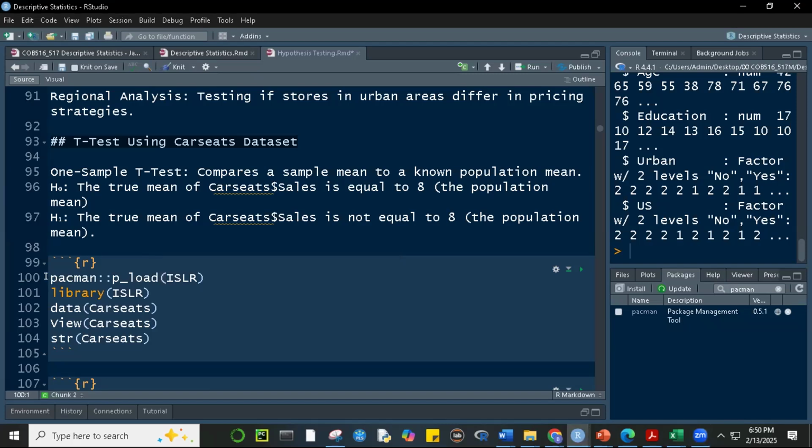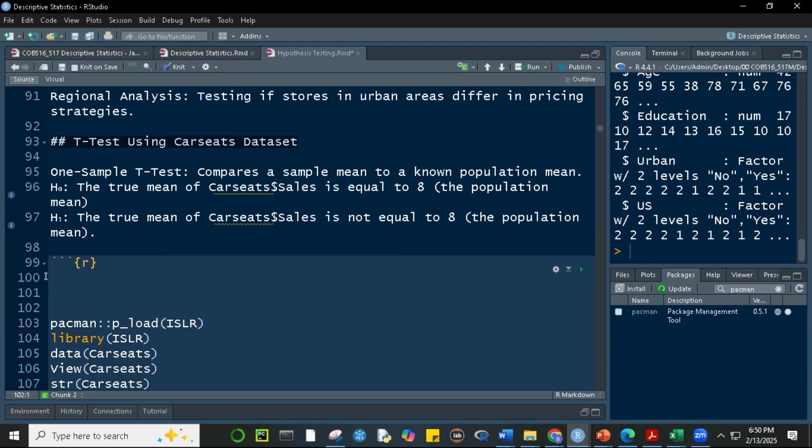Just to make sure that you know how to load packages in R. I said before that packages are very important because they contain programs and functions that we can access. These functions are very important for different statistical analysis. In order to install a package, we use install.packages, and then you identify there the package, ISLR for example. Once you have installed it, ISLR should appear here in your packages.